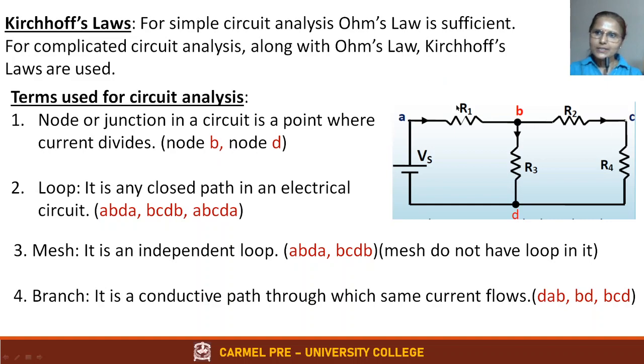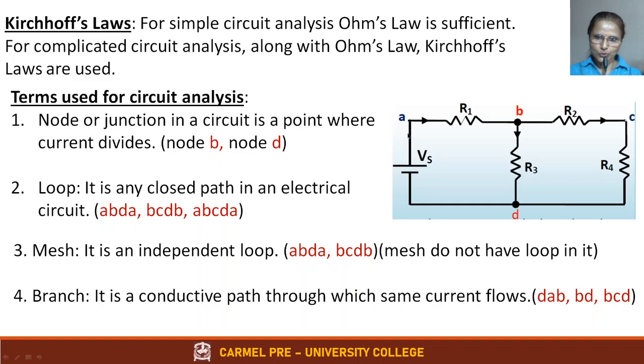So this is a typical network or a circuit diagram. There are 4 resistors connected with a voltage source, and I have called these points A, B, C and D. First term is node or junction in a circuit. A node or junction is a point where current divides. Where does the current divide?